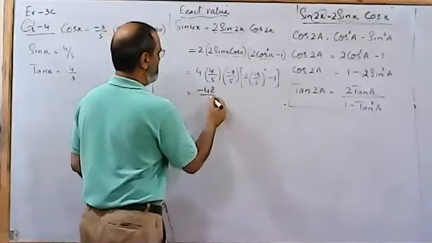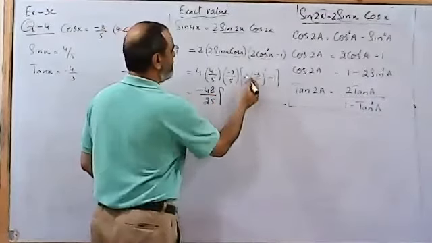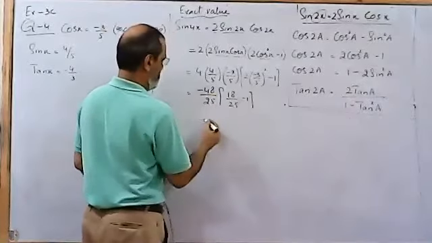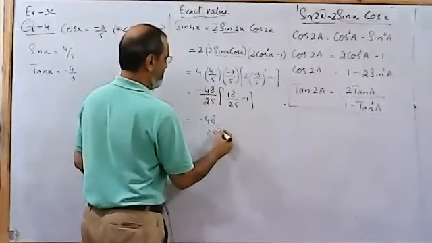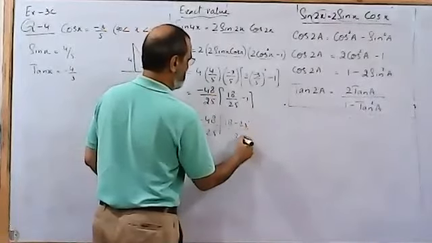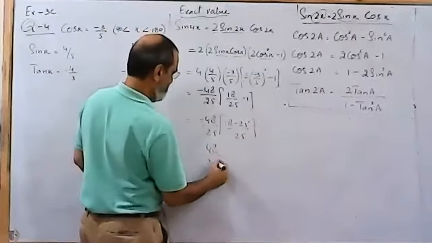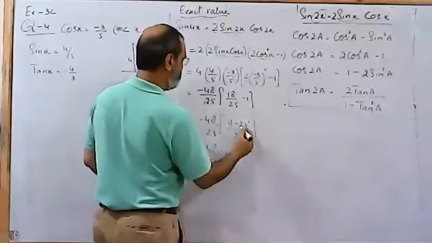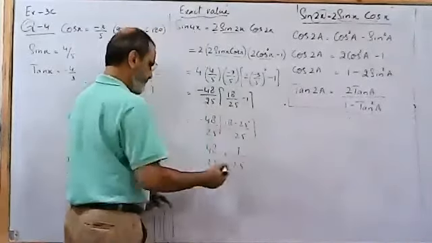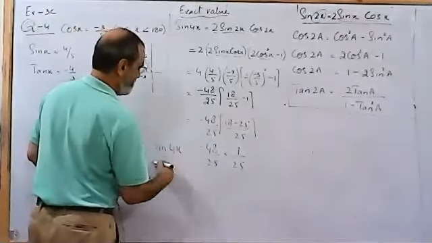Minus 48 by 25 into 18 by 25 minus 1, so minus 48 by 25 into 18 minus 25 by 25, which is minus 48 by 25 into minus 7 by 25. Just calculate it, you'll get the exact value of sine 4x.